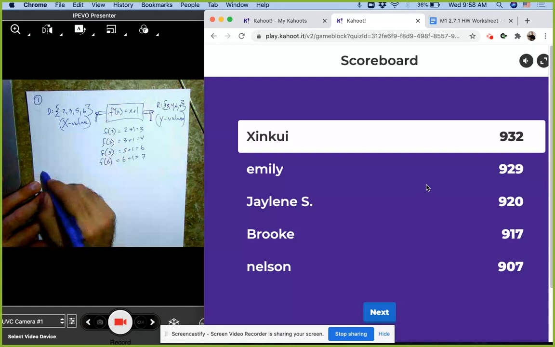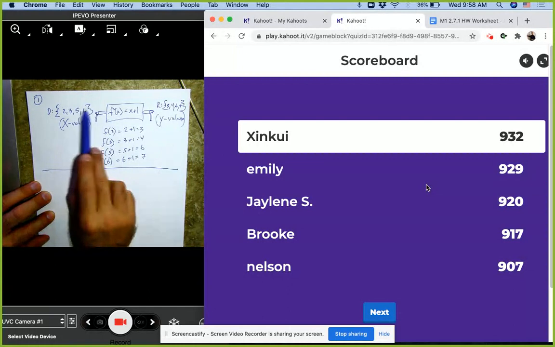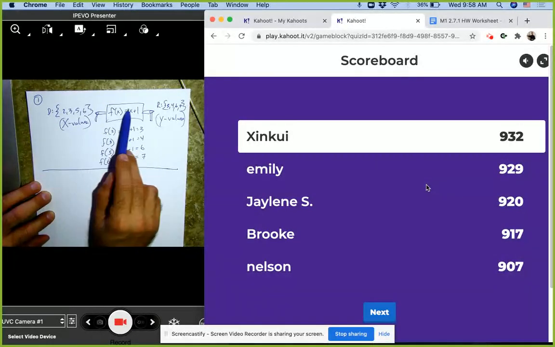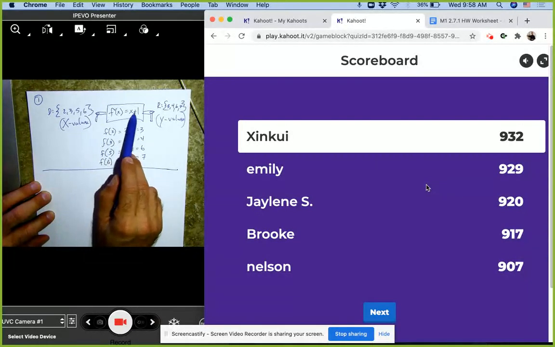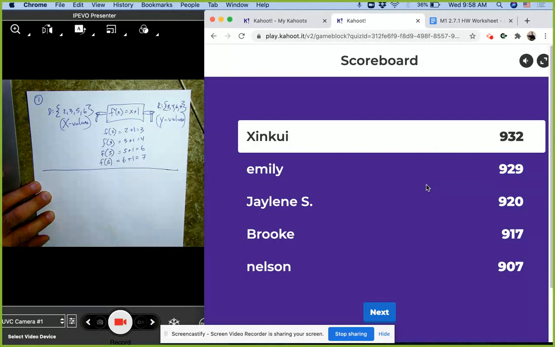It glitched on me and went too far ahead. But if we look at number 1 here, we have the domain values, which are x values. Put it through the function machine. Whatever the x value is, we add 1 to get our range, our y values. 3, 4, 6, 7. And I'm sorry, I didn't even get to see how many of us got it right. But the next problem is similar, so let's look at that together.